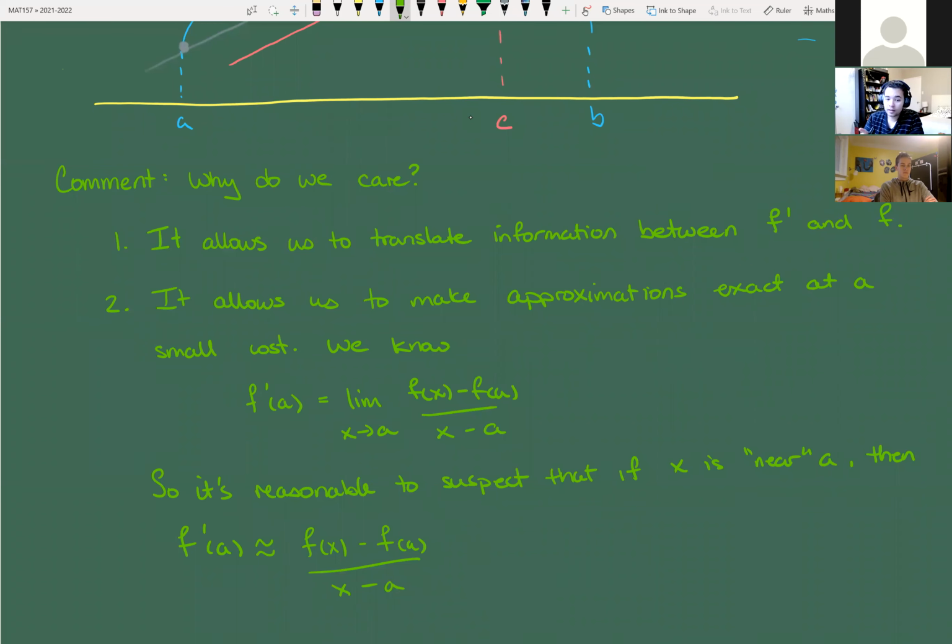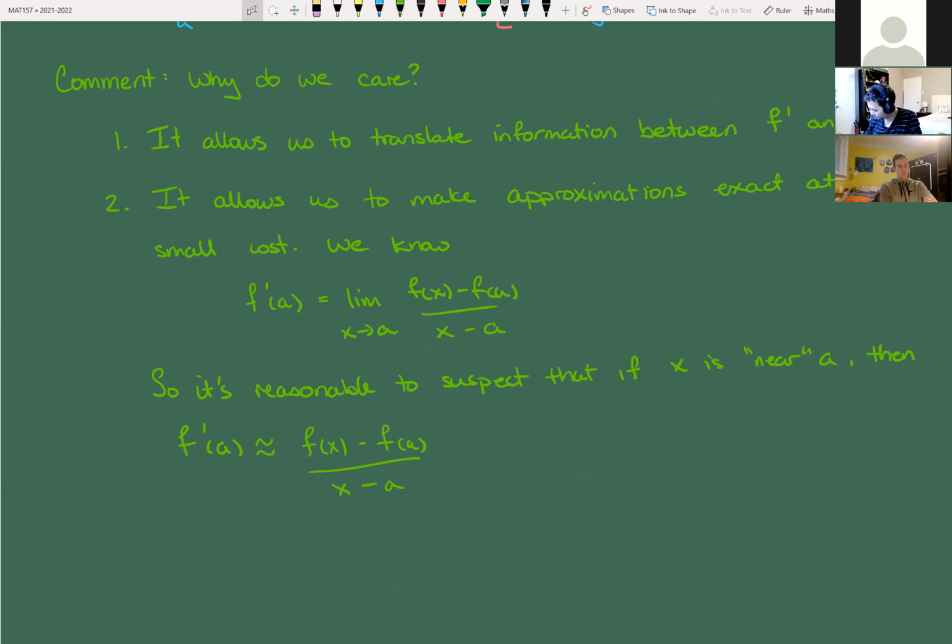But what the mean value theorem says is that you can replace this, but this is the cost, right?